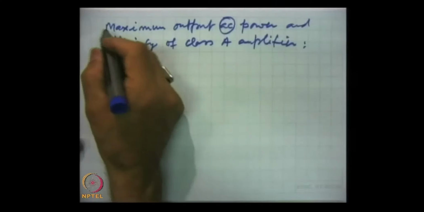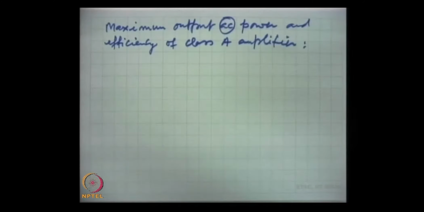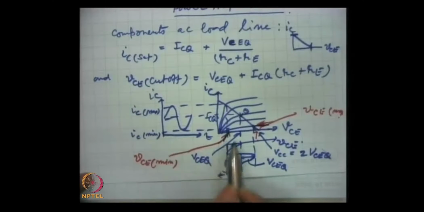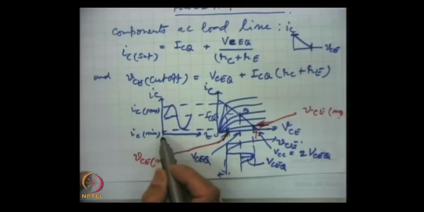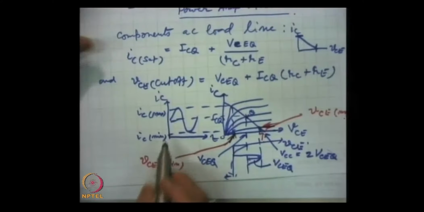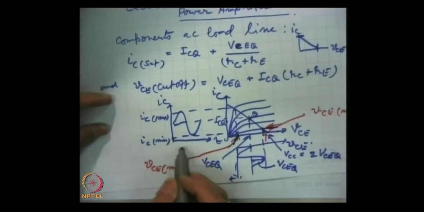To carry on the analysis, we make some simplifications. IC minimum starts from here, and it is actually slightly more than 0, so we take IC minimum as 0.